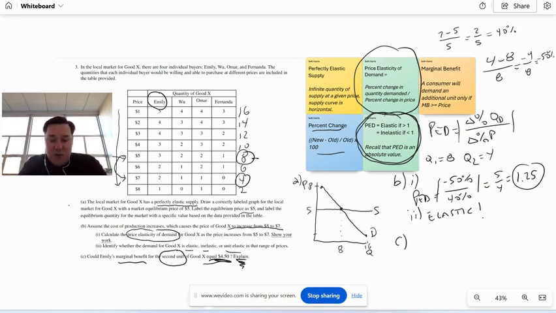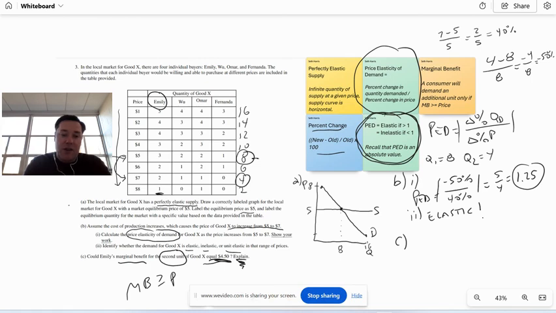So what we do know about someone's demand for something, they're only going to purchase it so long as their marginal benefit is greater than or equal to the price. All right, now let's look at Emily's demand schedule. Her very first unit of good X, she demands at a price of $8. So therefore, we know for her first unit, her marginal benefit must be at least $8, if not more.